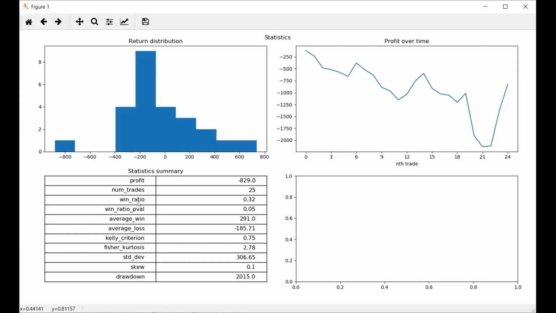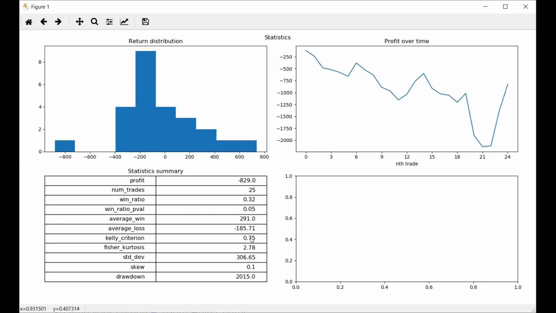It takes a bunch of numbers, like average win, average loss, and win ratio, puts them into a formula, and calculates what percent. So it's telling us we should put 75% of our portfolio into this strategy.